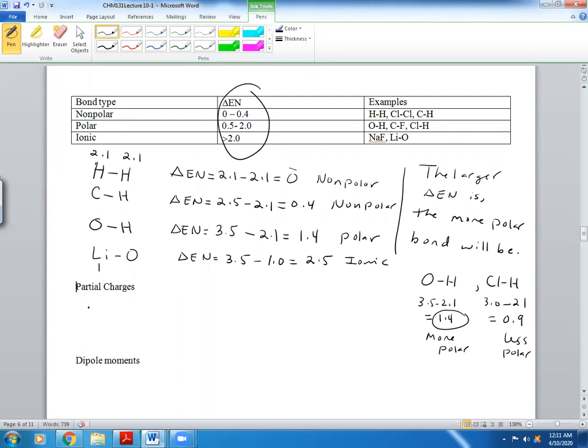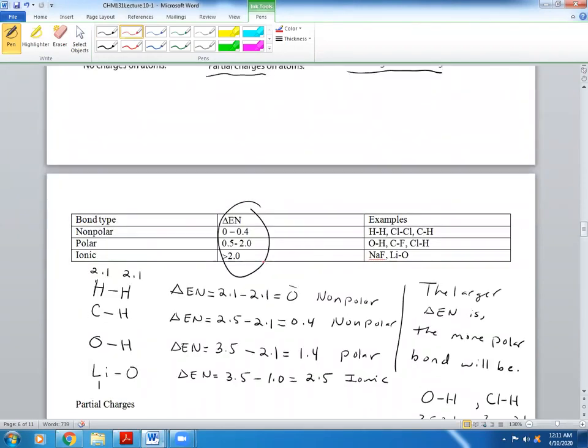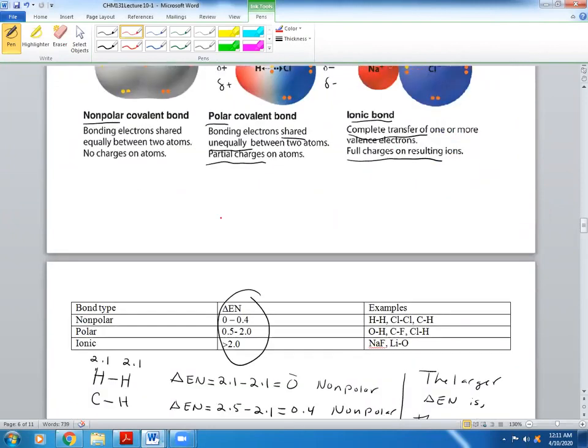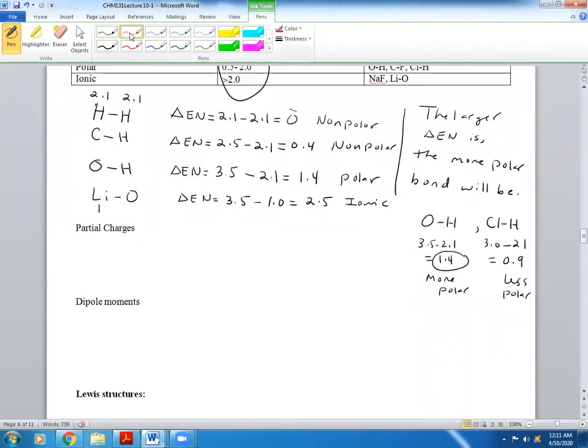Okay, let's go back to a very important representation used for polar bonds, and those are partial charges, which you've seen above right here. We need to be able to use them. Quite simple. Let's begin with the partial positive. Again, it looks like an S, but with a closed lobe here. You put the delta plus in a polar bond on the less electronegative atom.